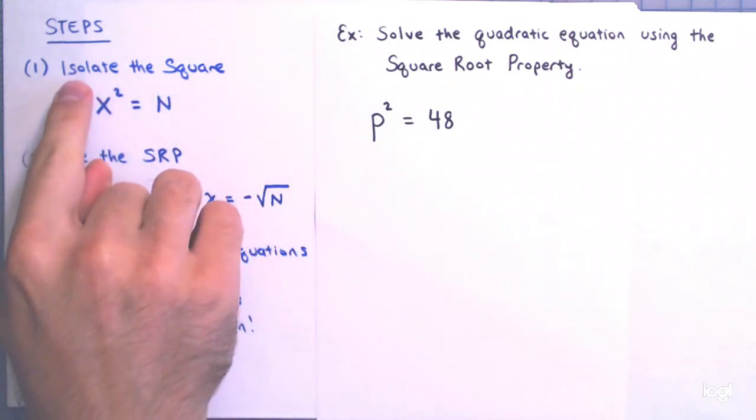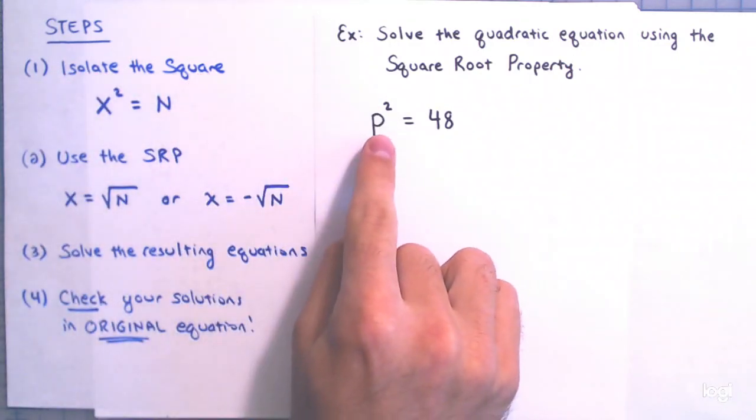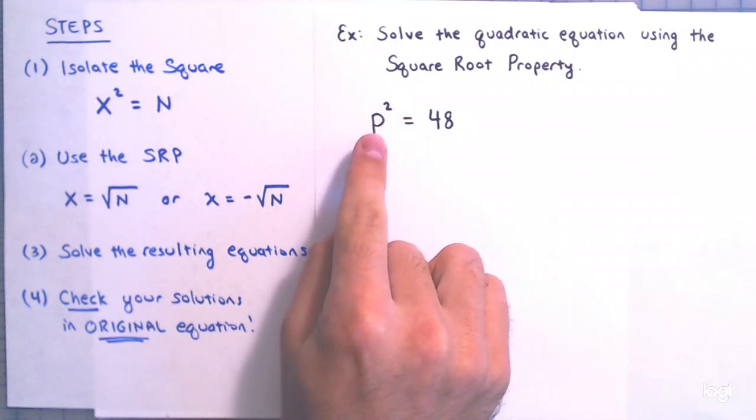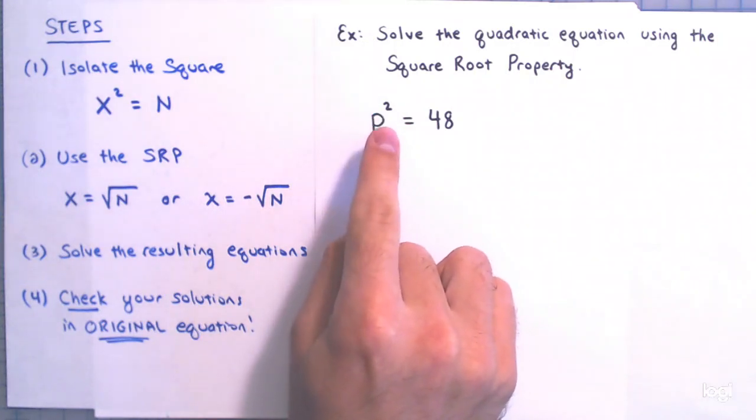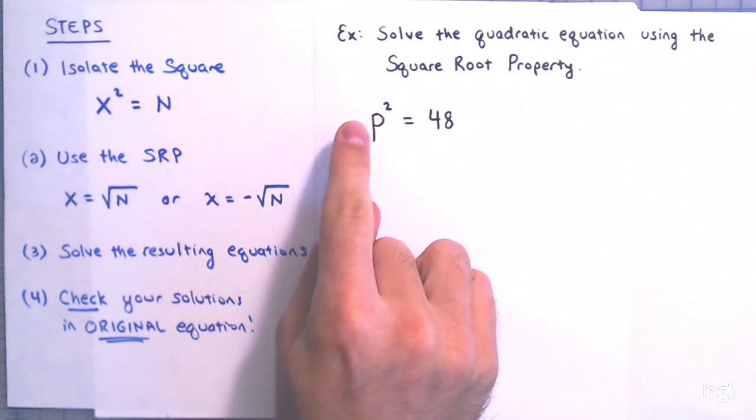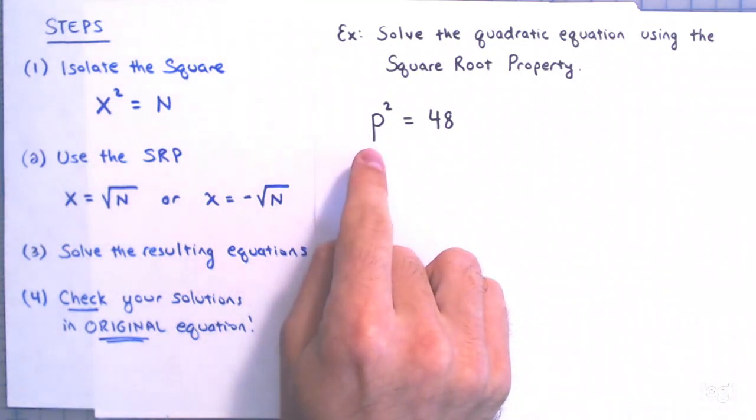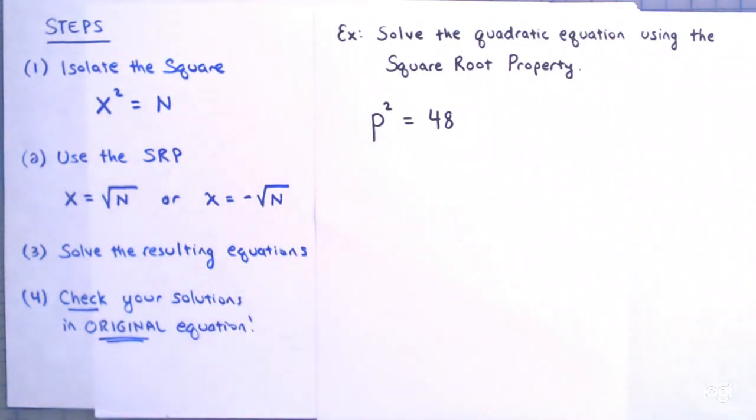Alright, so first step, isolate the square. Done. Alright, the p squared is alone on its own side of the equal sign, and there's nothing multiplied by it, nothing divided by it, nothing added or subtracted from it. So great, that's step one.